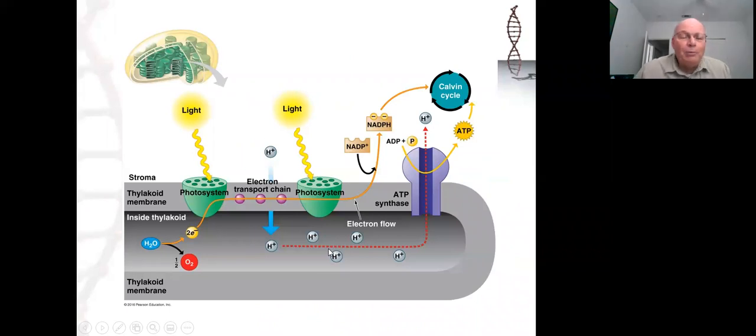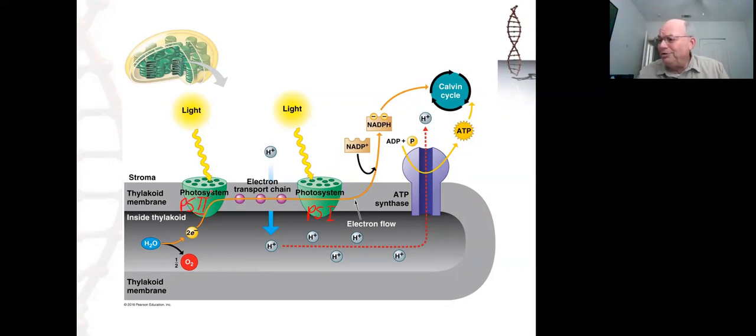So by way of summary of everything that we've talked about, here you can see what's going on. We have our two photosystems. So we've got PS1 and PS2. Might as well label them.